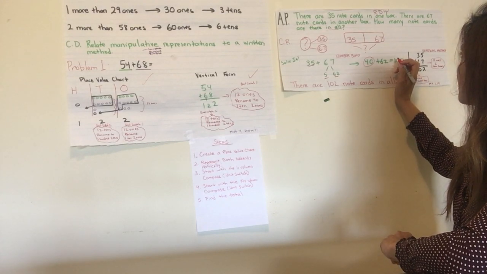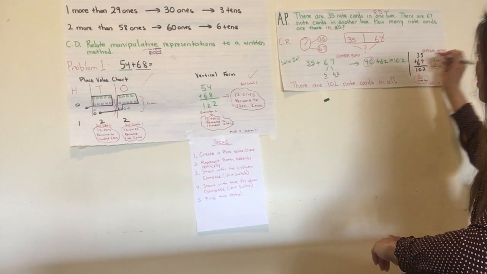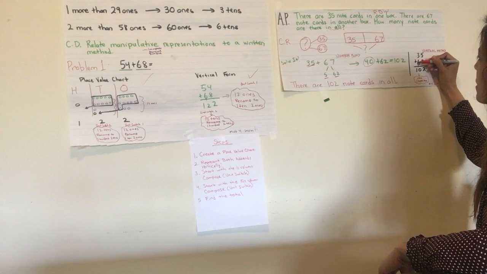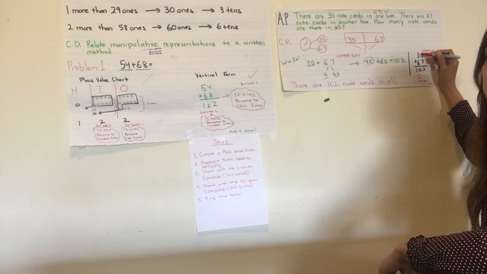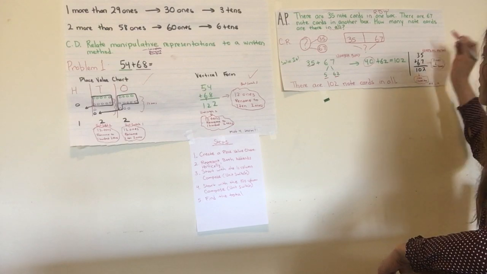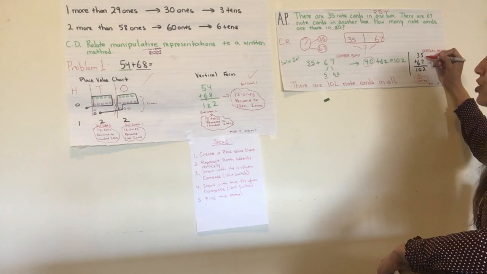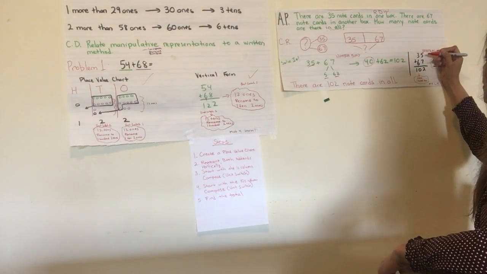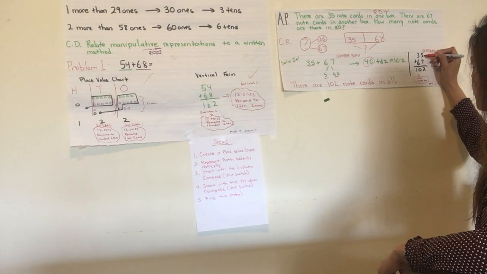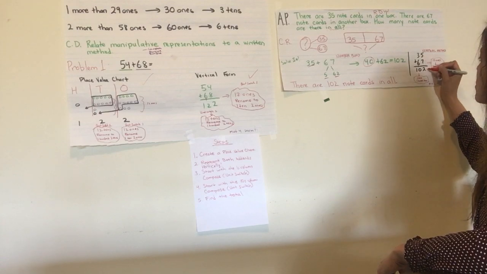Now I'm going to use the vertical method. If I use the vertical method, I put 35 on top plus 67. I have to make sure that the ones column is in alignment and the tens column is in alignment. So I always start out, what does it say? Start out with the ones column. So 5 ones plus 7 ones equals 12 ones.